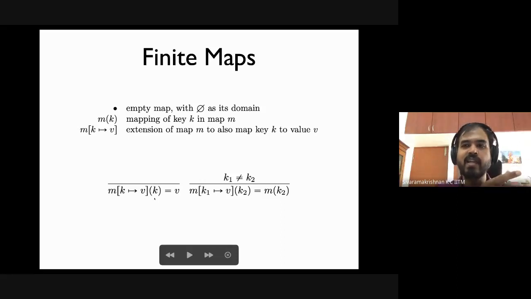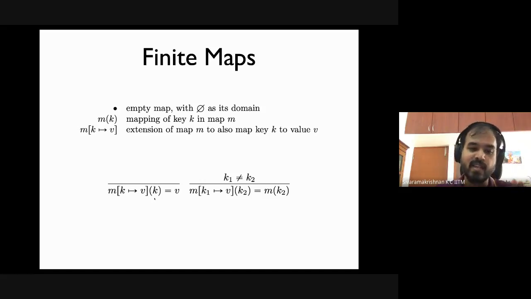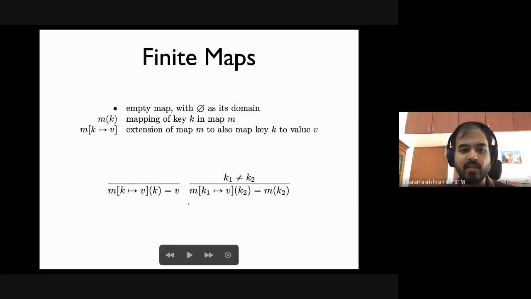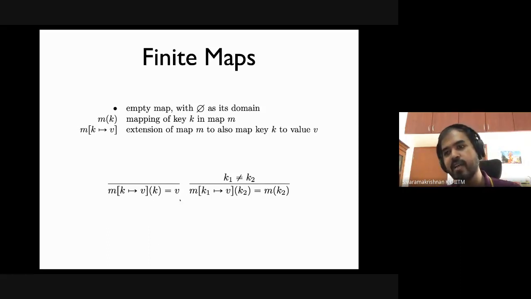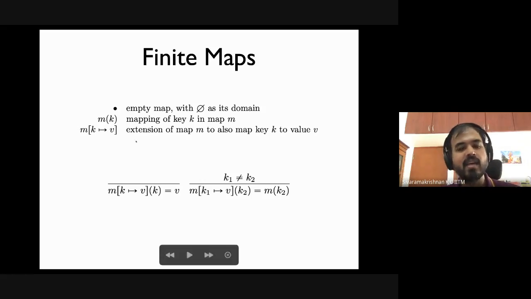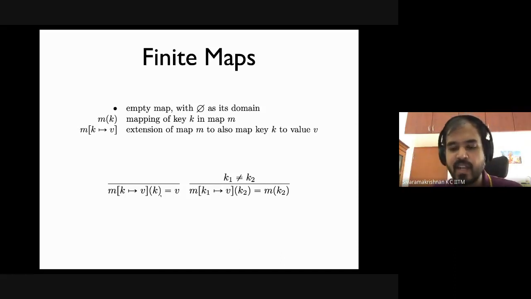If the key that you are looking up matches the first key, then you return the value, some value. Otherwise, you keep recursing until you reach the empty map. The nil state would be the empty map there, and at that point you return none. Anyway, so that's the relationship there.